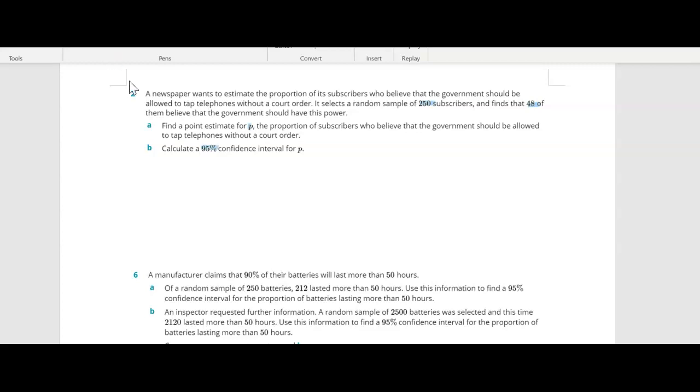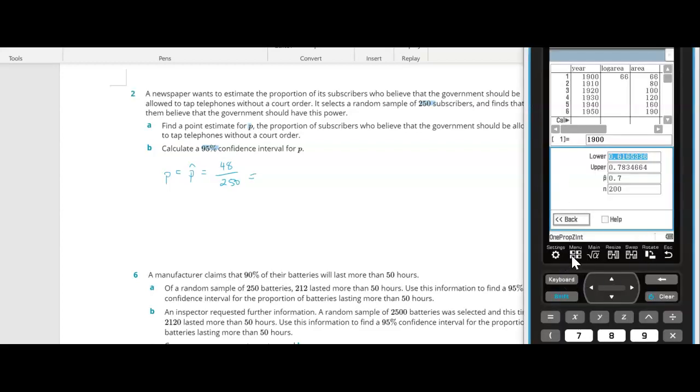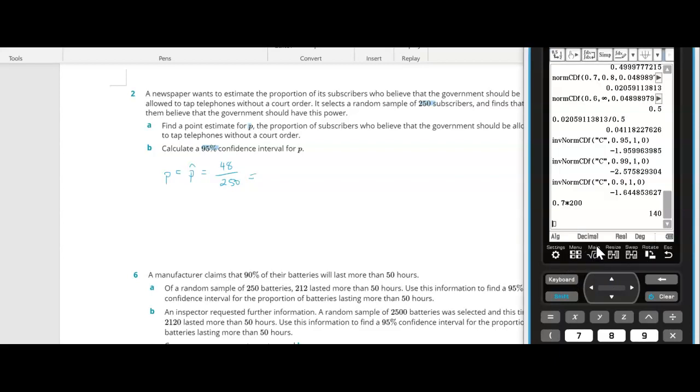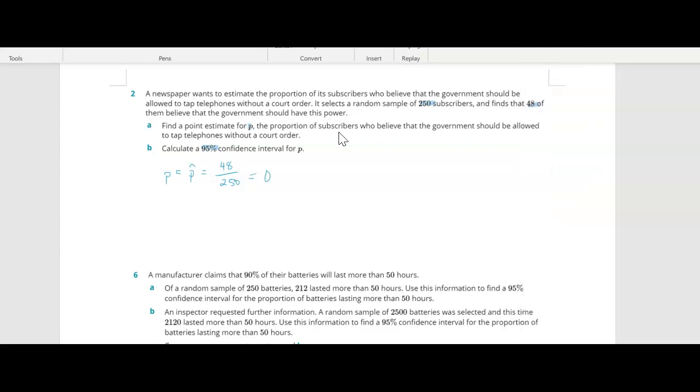So remember, P is equal to P hat. So for this one, we've just got 48 over 250. So we can just quickly do that on the calculator. So 0.192.